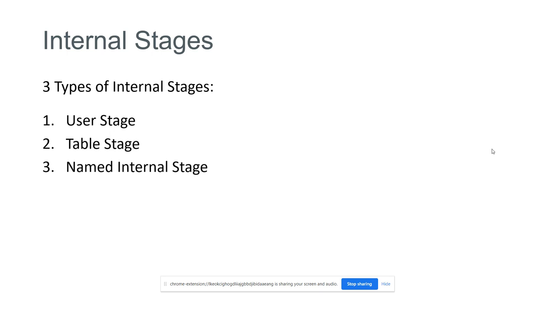If we have files on our Windows machine or Linux server, we can move those files to the Snowflake internal staging area, and from there we can process them. That is what is meant by internal stage. The three types of internal stages in Snowflake are user stage, table stage, and named internal stage. We'll see these three stages in detail.